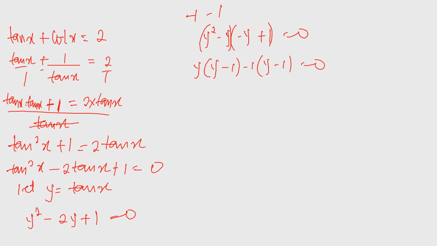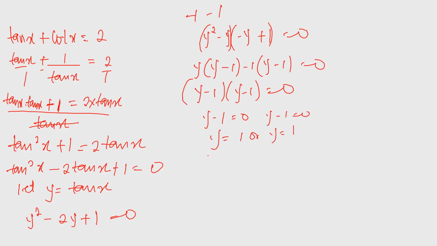So you have y minus 1 times y minus 1 equal to 0, which means that y minus 1 is equal to 0, then y will be equal to 1 or 1.